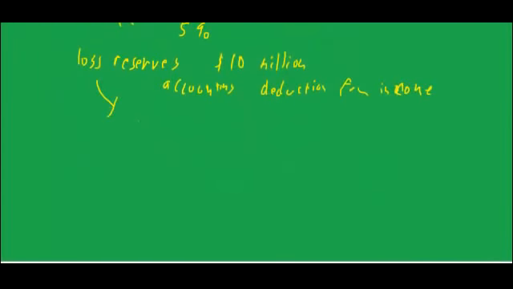So for loss reserves, you would use an average or slightly adverse scenario, but you don't do a worst case scenario. With capital adequacy, you're really trying to do a worst case scenario.